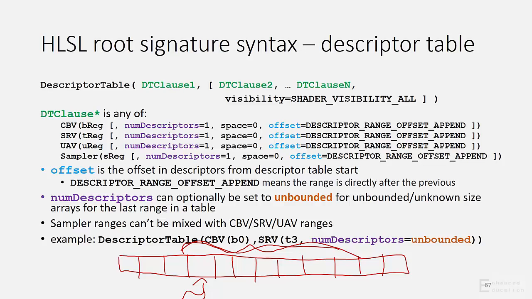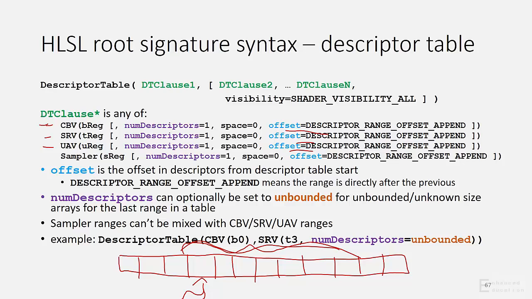If all of the ranges in a descriptor table definition use the default offset of append, and this is the typical case, each range just appears contiguously from the beginning of the descriptor table.